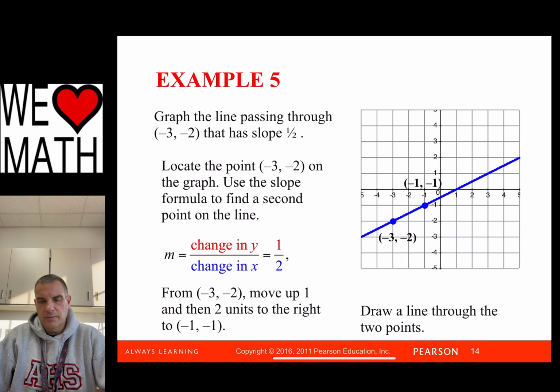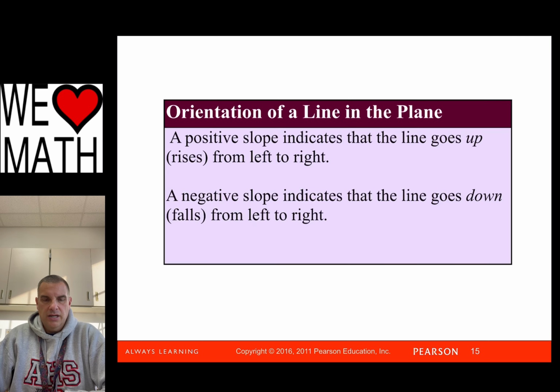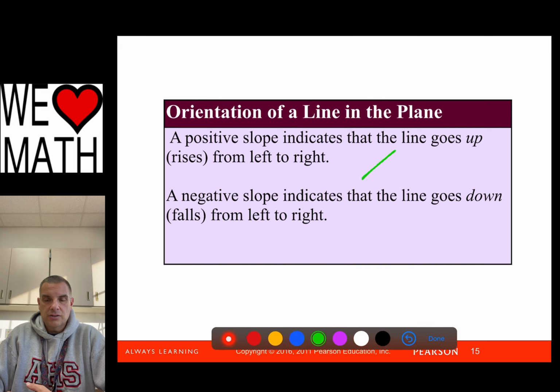Okay, so theirs is going to probably be a little bit more graph accurate than ours, but whatever. Okay, but same thing, change in y over change in x. Now, a couple things. If it's positive, your graph should go up from left to right. So if in that last one we had a slope of 1/2, it was positive. It's going to go up from left to right. If it's negative, it's going to fall from left to right. So negative is going to fall from left to right, and so on and so forth.